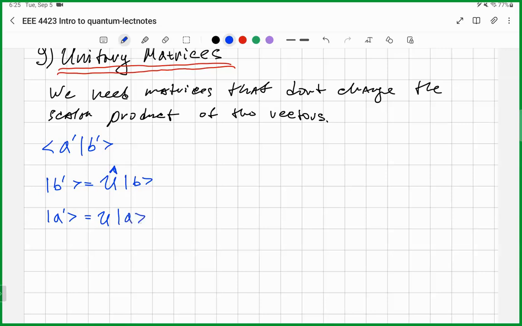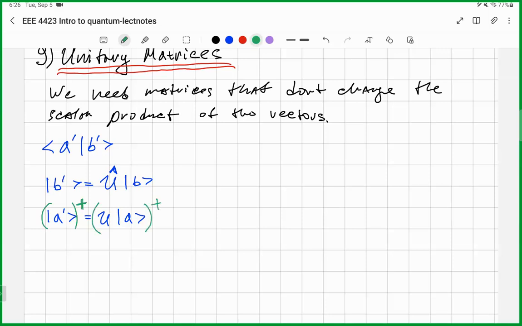So it's the initial vector A. But we need the bra vector A, not the ket. So we need to dagger this vector, right? I remind you that dagger is complex conjugation and transposition, so it's a Hermitian conjugation.